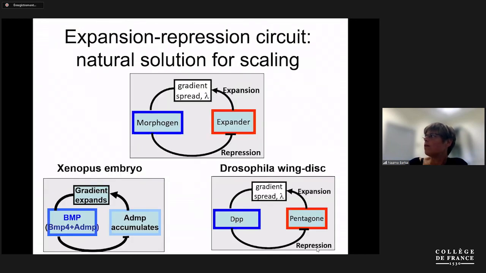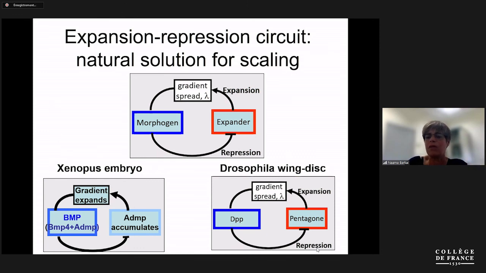We're not going into the experiments, but there is some evidence that this is in fact working in the same way. So what I want to leave you with is that scaling is there. You can see it in many systems. Given the high variability that is inherent to any biological system, I would claim that there must be some internal mechanism that knows how to buffer variation in size.